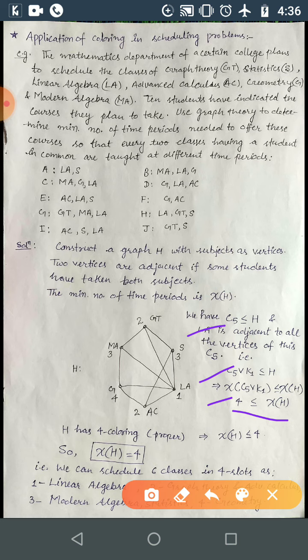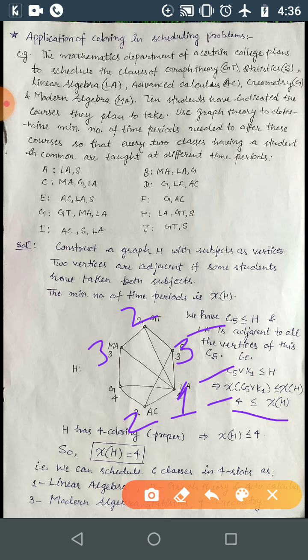Now if we are able to show somehow that the chromatic number is at most 4, then it will be equal to 4. Correct. So we give some coloring: here you can use 1, then this is adjacent to 1, so this will be 2, this is adjacent to both, so here it will be 3, GT is adjacent with 3 and 1, so 2 can be used, MA is adjacent with 2 and 1, so 3 can be used.